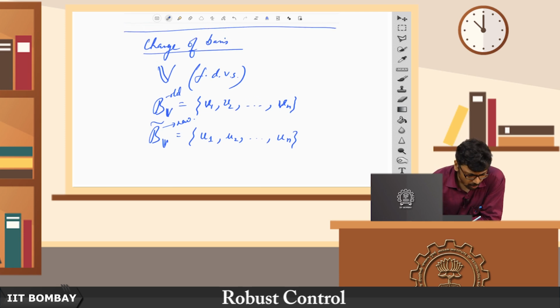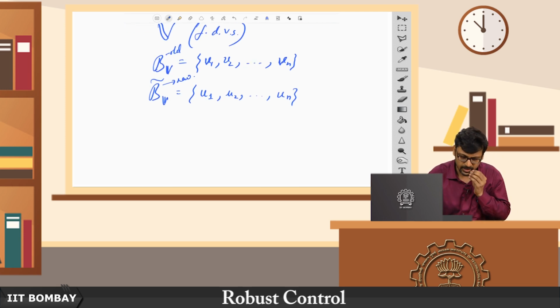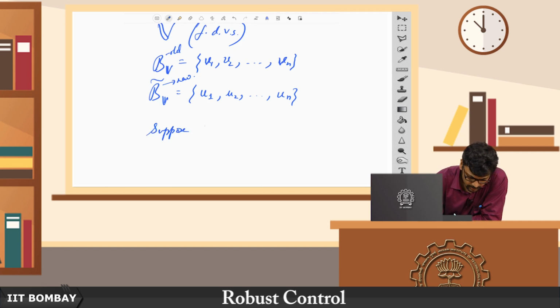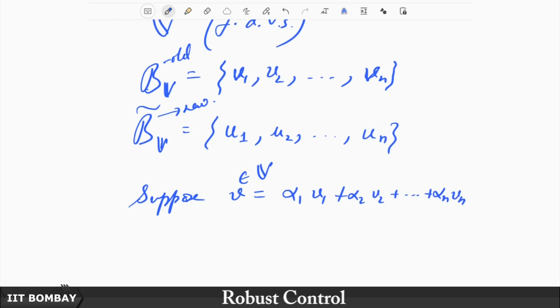Okay. Now, the fundamental point that I am trying to make here is, suppose we have a vector v, of course this vector v belongs to the vector space V, which is given by alpha 1 V1 plus alpha 2 V2 plus ... till alpha n Vn. Okay.